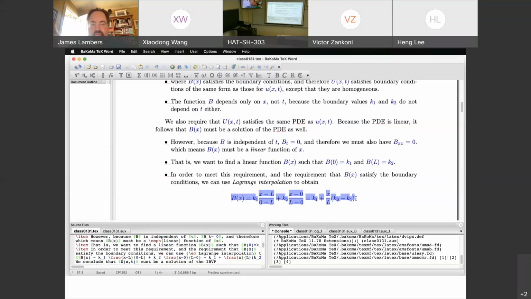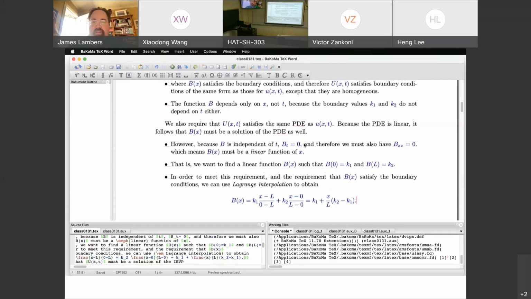Questions about why this function works? So why does it follow that since the derivative of b with respect to t is 0, that the partial derivative of x twice taken is equal to 0? Oh, this does not follow directly from this.